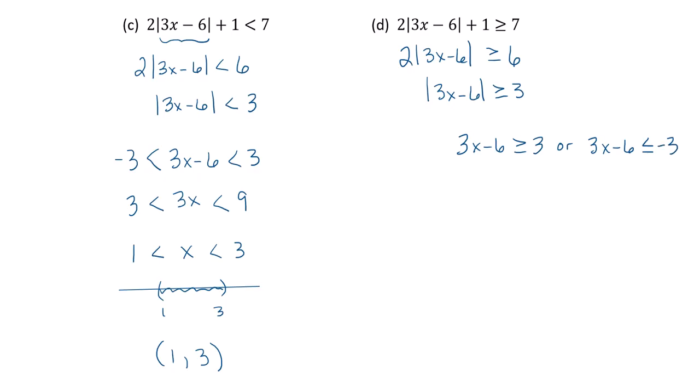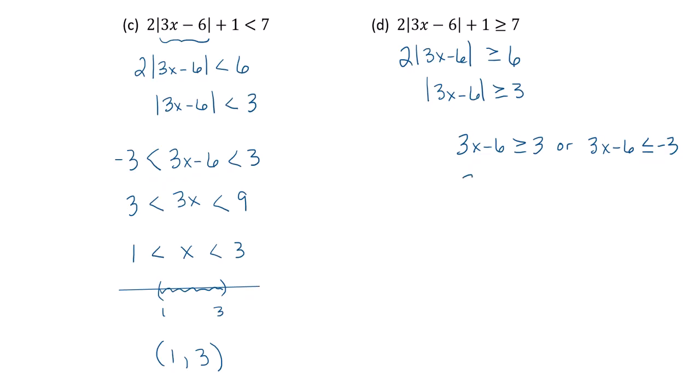In other words, we're going to be to the right of 3 or to the left of negative 3 in order to make this expression inside have a value that is more than 3 units away from 0.